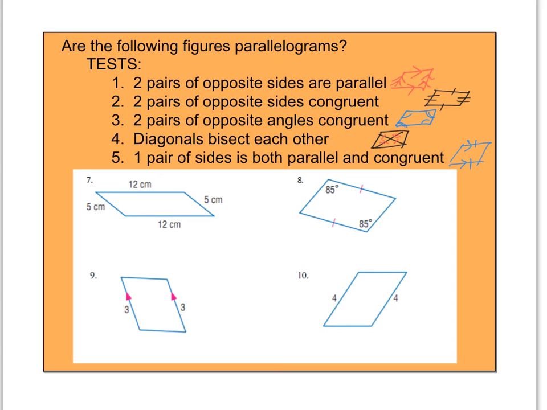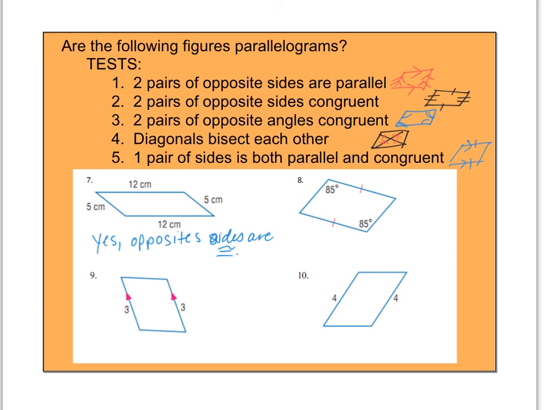So go to number 7. Number 7, do you think we have enough information to know if that is a parallelogram? If you're thinking yes, opposite sides are congruent, then you're correct.